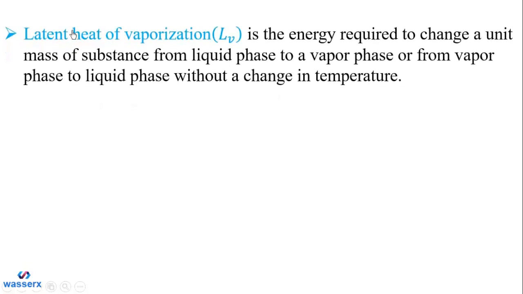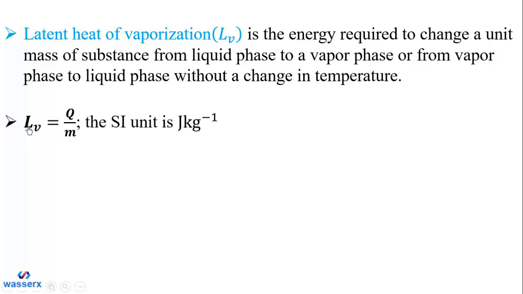Then let us also talk about latent heat of vaporization, which is the energy required to change a unit mass of substance from liquid phase to vapor phase, or from vapor phase to liquid phase, without a change in temperature.